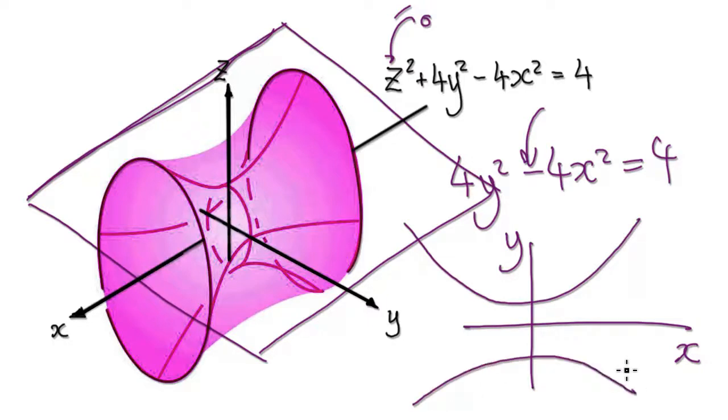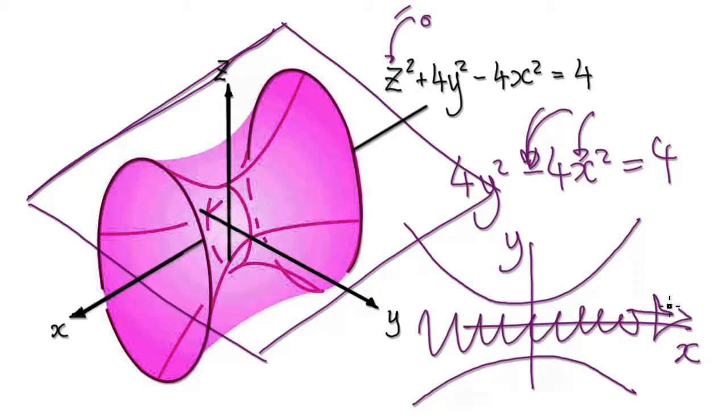Because of the minus here in the x direction, you're going to have nothing here in the x direction. This is your y-axis, which is this y here. This is your x-axis, and then this is in your positive direction.